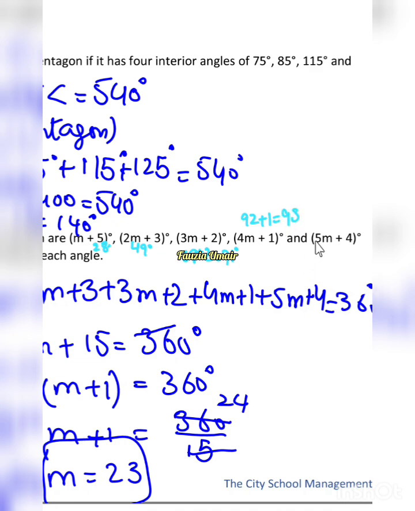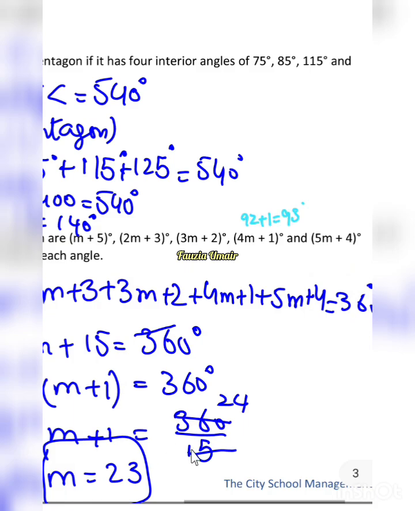And if we do 5m, so 23 into 5 would be 5 times 3 is 15, 1 carry 11, so plus 4, this last angle is 119 degrees. So the 5 exterior angles of this particular polygon are as follows.